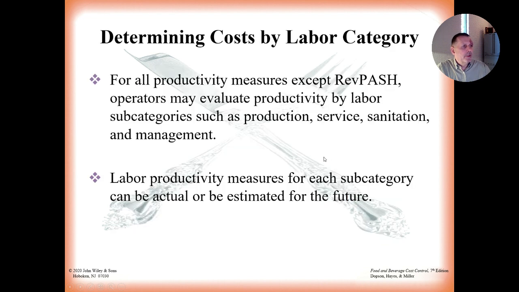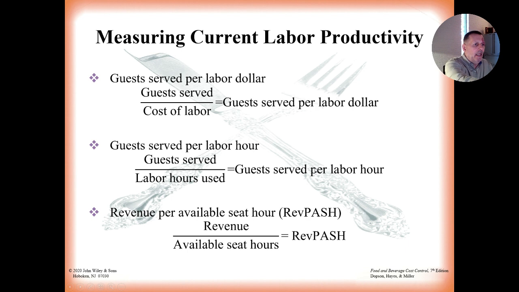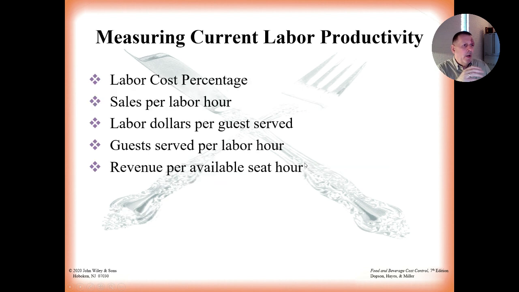All right, so determining the cost of labor category by labor category, except for RevPASH, you can choose any one of those other things, and you can divide that instead of the entire labor of the restaurant. You can do it by front of the house, back of the house, line, prep. And why would you want to do that?